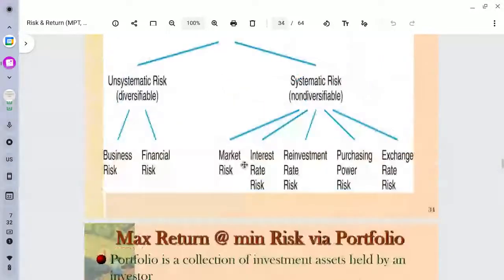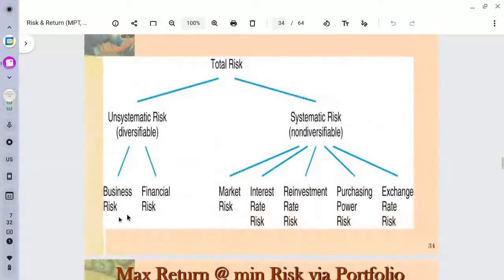And then, you can minimize unsystematic risk, but you cannot change systematic risk. How? By constructing a portfolio.